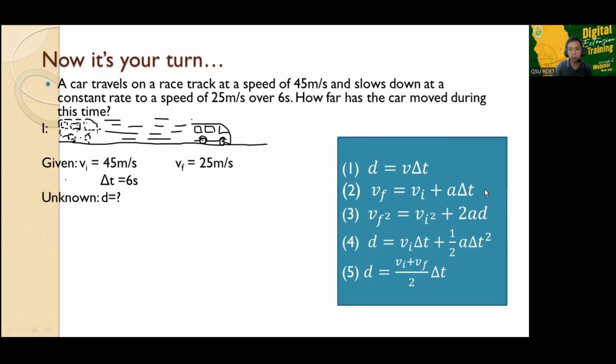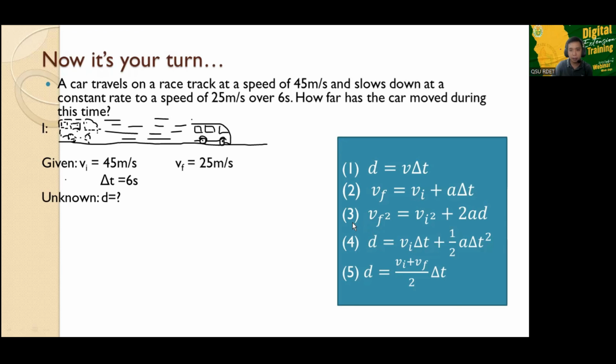Using equation 2 alone will not solve the problem because there are two unknowns, A and the final velocity. And in the first place, equation 2 does not involve what is being asked. VF is given, but it does not include the variable that we wanted to find out.